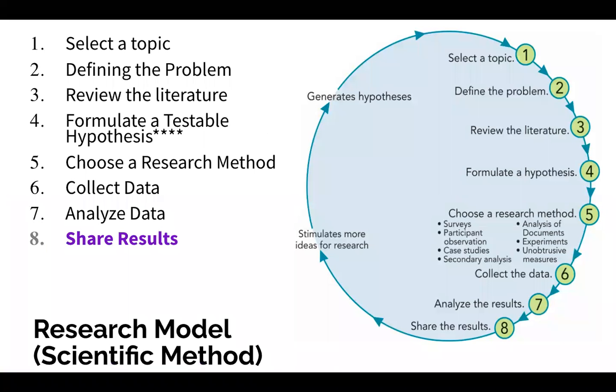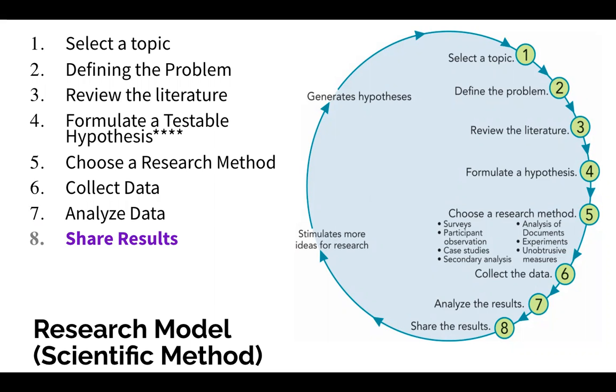And so we are, of course, at that final step of the research model where we're sharing our results. And of course, keep in mind that is a big part of academia, really of science.